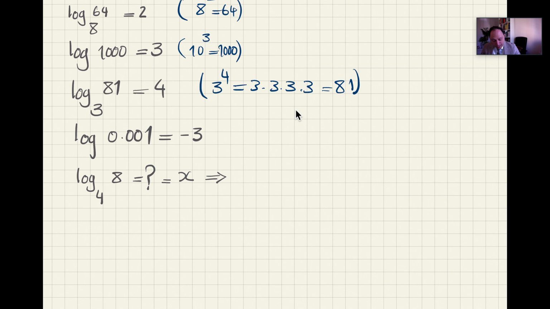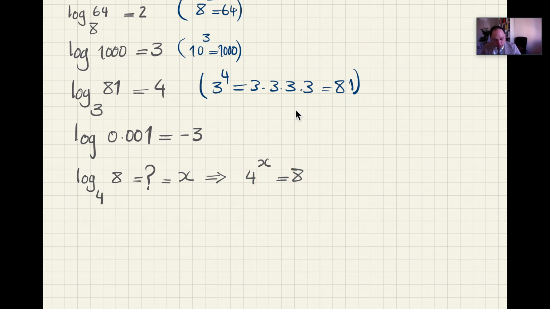Then you have the definition: 4 to the power X is equal to 8. I hope that everyone agrees with me up to this point. But now this becomes the problem that we studied on Monday. This is an exponential equation, and if you're a little bit friends with numbers, these are related to base 2.